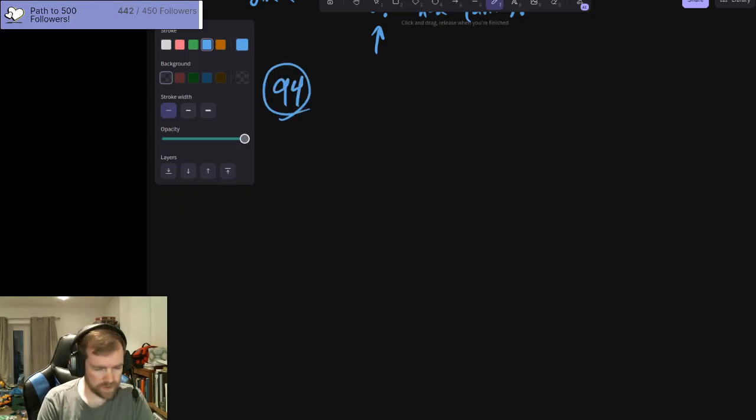Let's see if we can do this one. A sequence of letters is constructed as follows. 1. Begin with a single ampersand symbol.